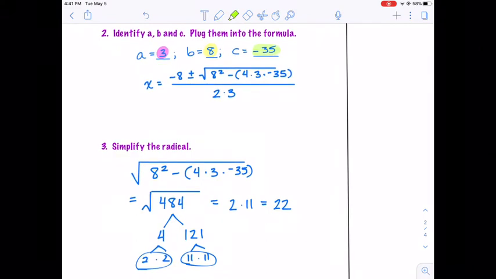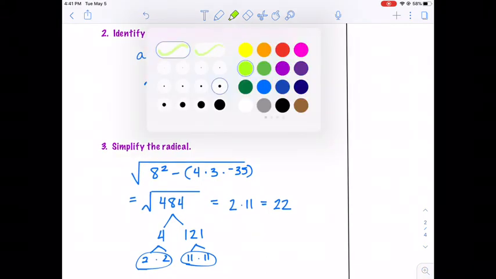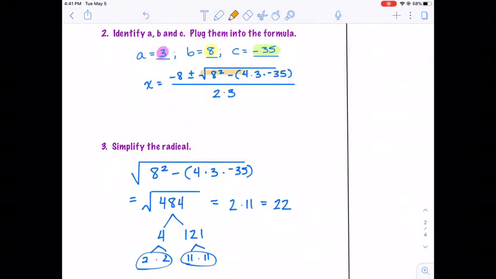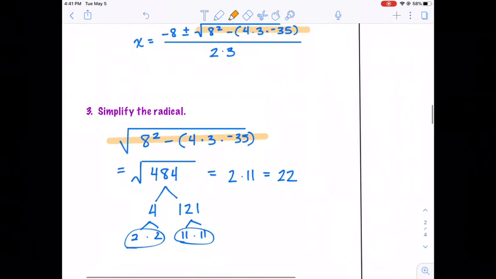Step 3 is to simplify the radical. So we're going to take that whole radical expression and simplify it. I took the 8 squared minus 4 times 3 times negative 35. I plugged that into my calculator, remembering to include the parentheses, and got 484.